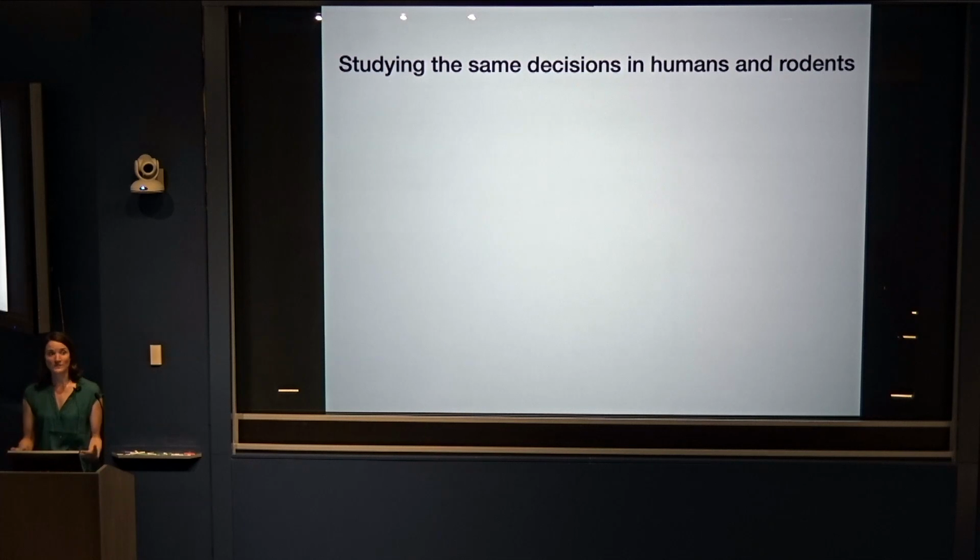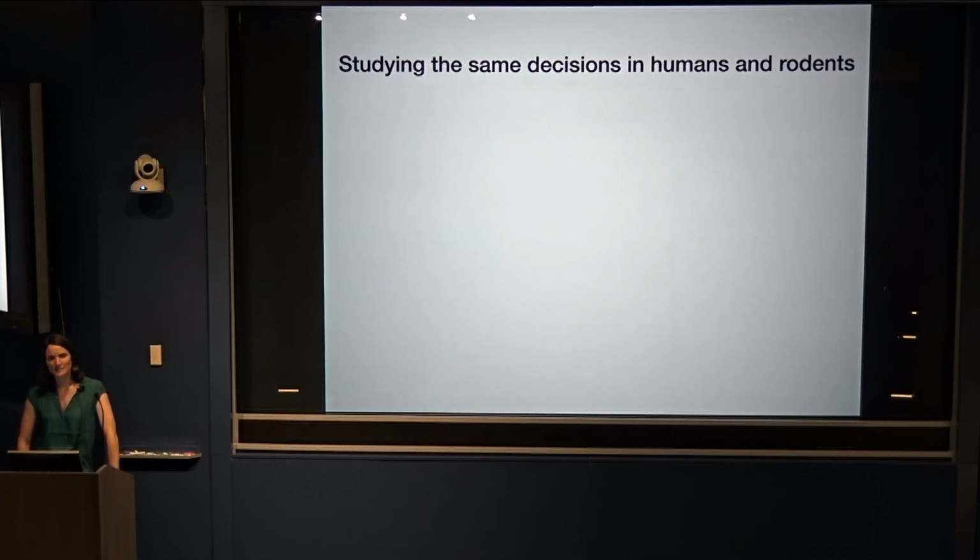So to do that, we decided we would start by really scouring the perceptual literature and looking for multi-sensory decisions. Remember, those put two different sensory modalities together to guide a choice. Find multi-sensory decisions in humans that we could realistically bring to a rodent model. And so we looked at a lot of different types of studies and interesting multisensory behaviors and kind of ported them into our lab and changed them a little bit.